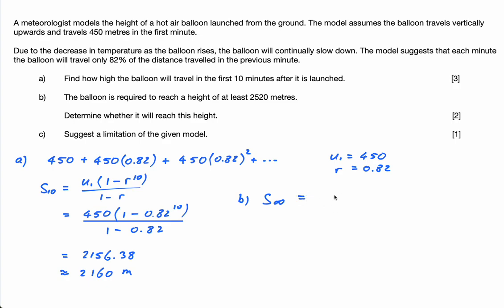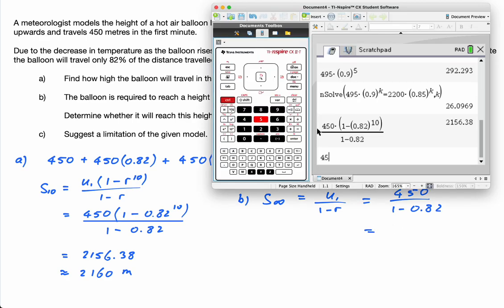Let's find out. So sum to infinity is U1 over 1 minus r. U1 is 450. 1 minus 0.82. And let's see what this is. 450 divided by 1 minus 0.82.